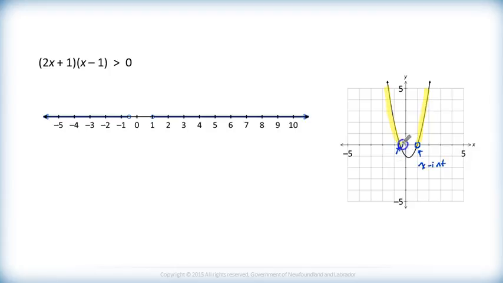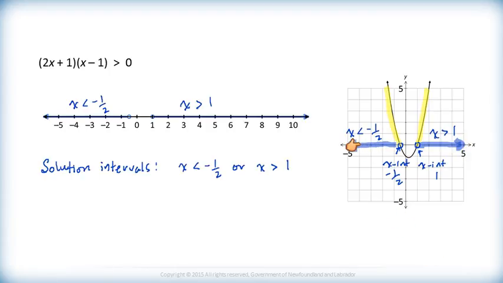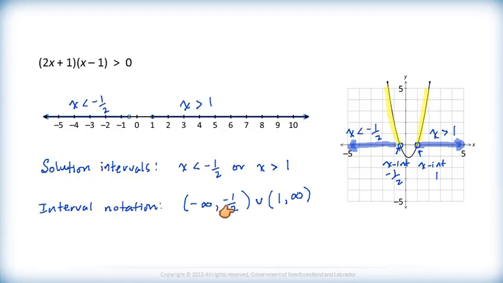I'll circle the x-intercept of negative 1/2 as well, and otherwise I shade. So my solution intervals are x less than negative 1/2 or x greater than 1. The interval notation version is the same as in the previous example, but we use round brackets here and here because the negative 1/2 and the 1 are not included.